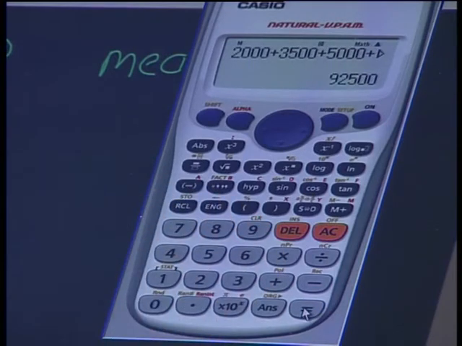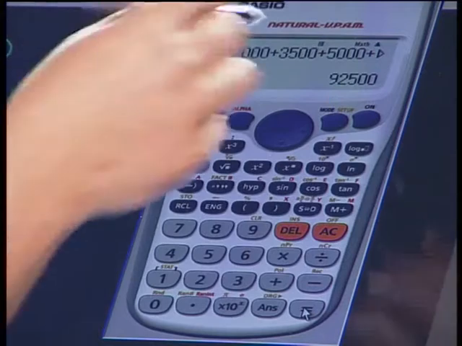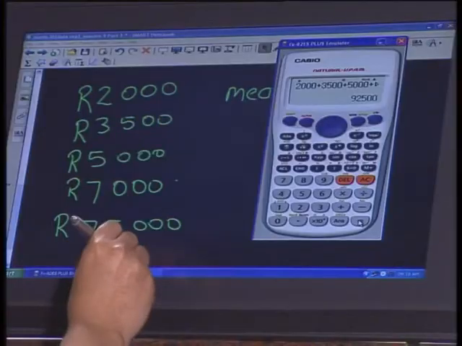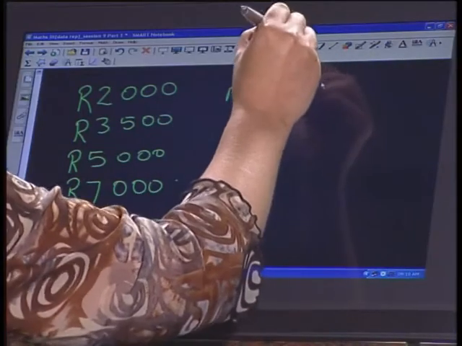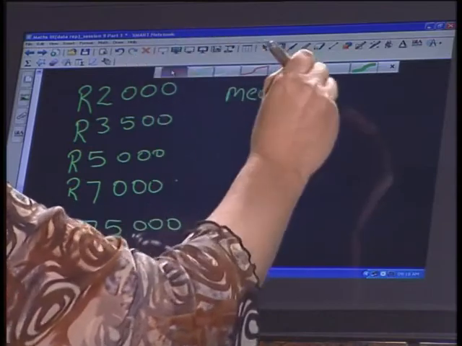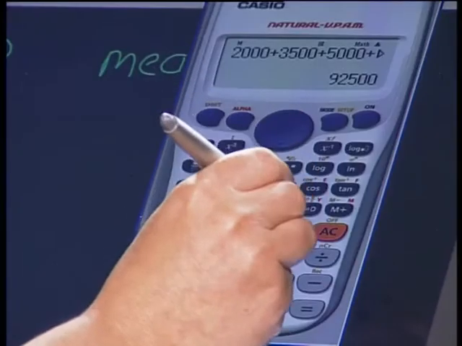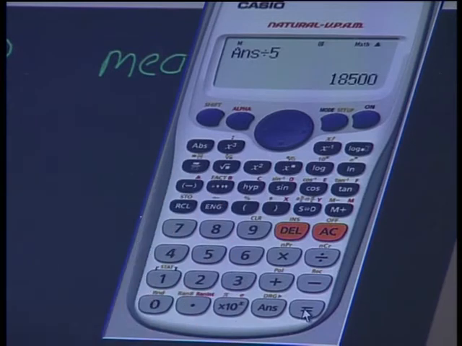And I get an answer of 92,500. Now, how many have I got? There were 5 values. So I'm going to divide 92,500 by 5. Let's do that on the calculator. And I get an answer of 18,500.